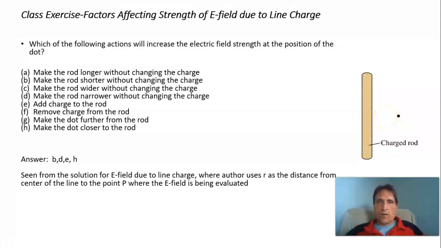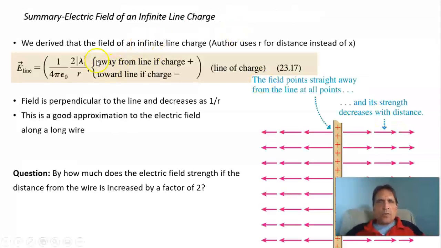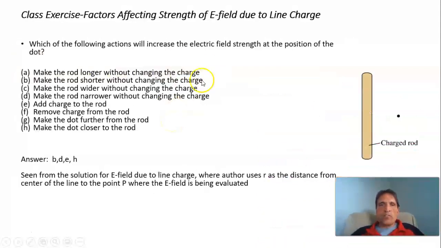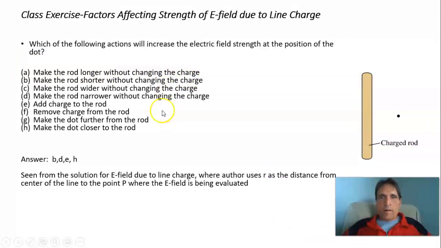Okay, so you should be able to use this solution here for the electric field due to a long wire or a long line of charge, and you should be able to examine the effect of varying these variables on the field. Okay, so this could be like a multiple choice type of question on an exam.